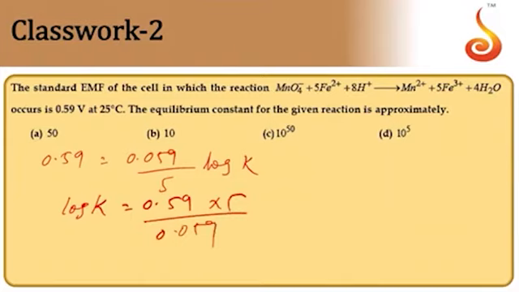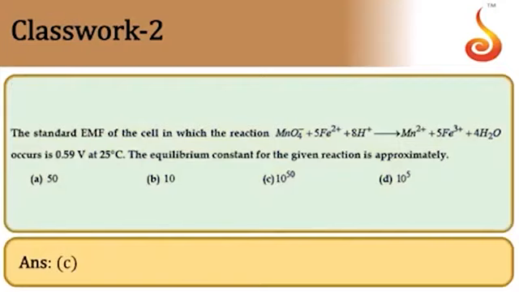This comes to 50. Log K is equal to 50, which means the answer must be 10 to the power of 50. So K is the antilog of 50, which is approximately 10 to the power of 50. Option C.